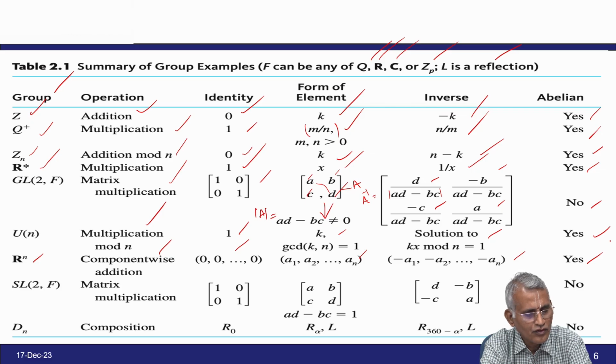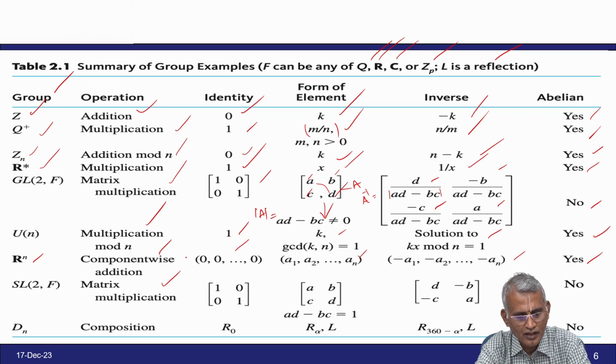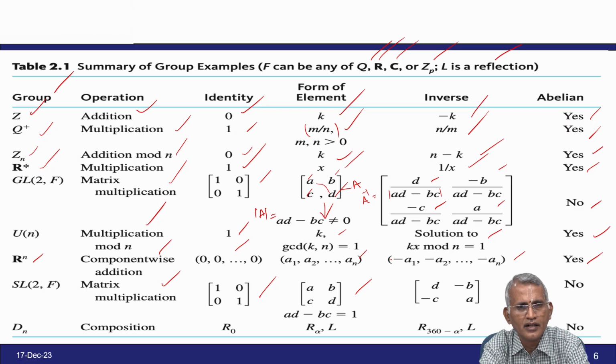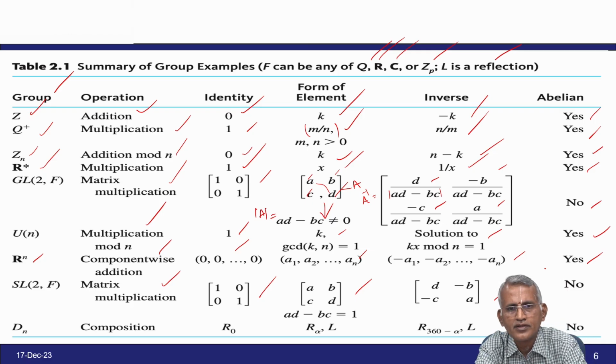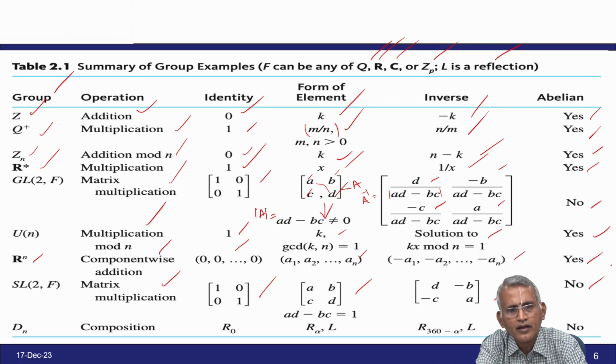Next, SL of 2 comma F stands for matrices under multiplication. The identity is 1 0 0 1, and the matrix is A B C D, where the determinant AD minus BC equals 1. Taking the opposite diagonal, you get the inverse of the matrix, and surely it does not obey the commutative or abelian property.